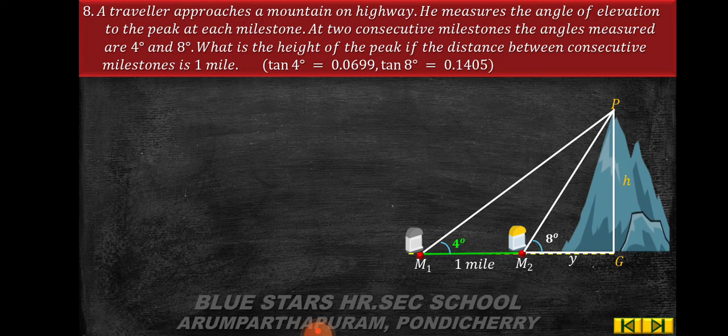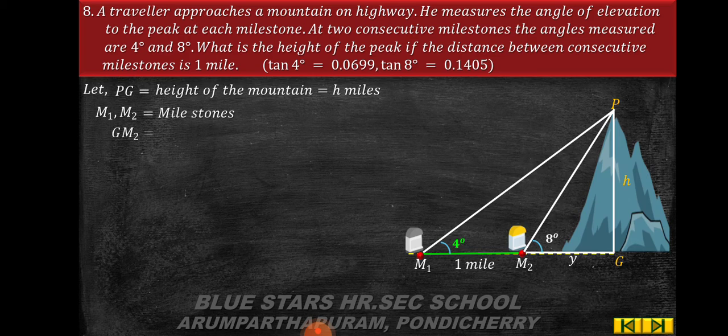So the distance between the first milestone and second milestone is 1 mile, and we don't know the distance between the G and M2, so let it be Y. Let PG, the height of the mountain, be H miles, M1 and M2 the milestones, GM2 is equal to Y miles. Then distance between M1 and M2 is equal to 1 mile.